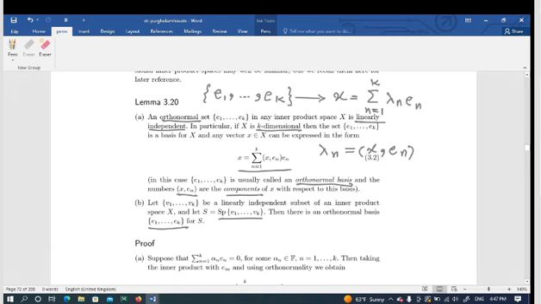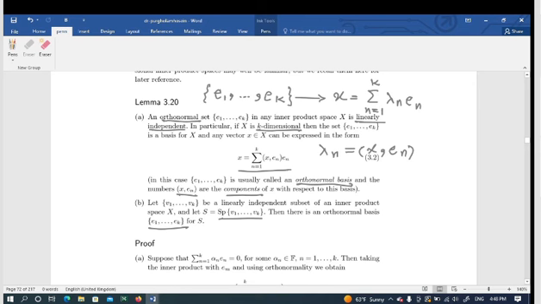and we call this basis an orthonormal basis, and x and e_n are the components of x with respect to these bases. Part B says that if we have any arbitrary basis like v1 to vk, any basis must be linearly independent.